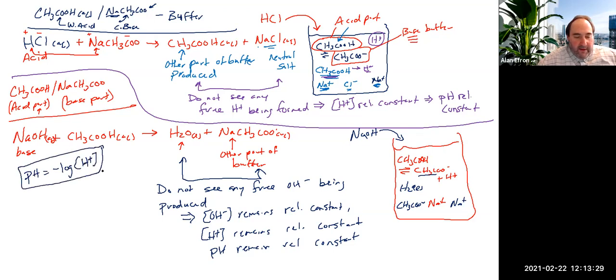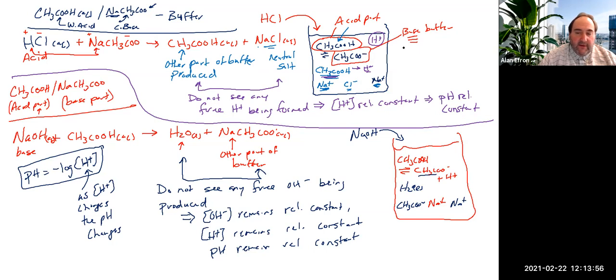So what affects the pH is as this concentration changes, the pH changes a lot, right? Which means that in both of these cases, what we're able to do is keep the concentration of H plus relatively constant. And by default, what that's able to do is keep the pH relatively constant.